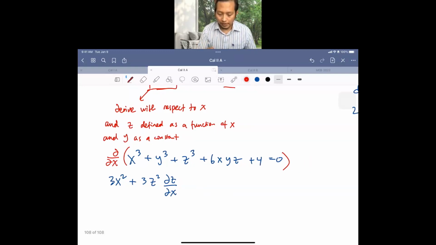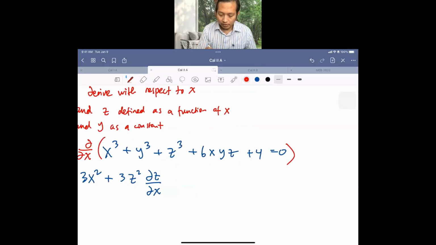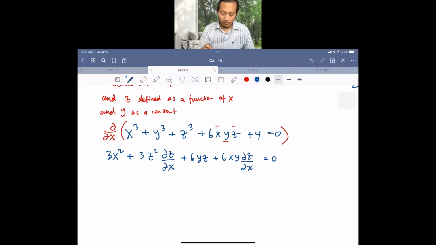And for the xyz term, this is a variable, this is a variable, this is a constant. So first we are going to have the product rule: 6yz plus 6xy, and then partial z over partial x equal to 0. Let me simplify, it becomes 2 and 2.